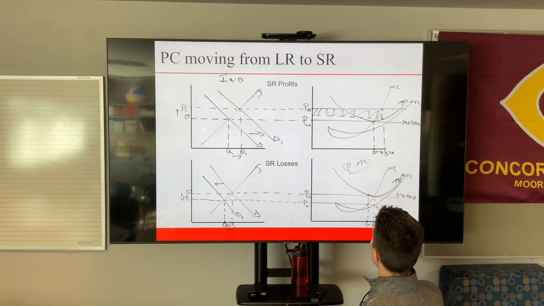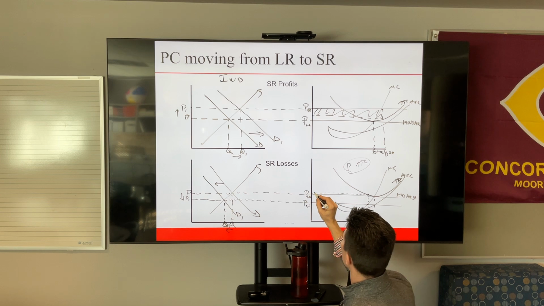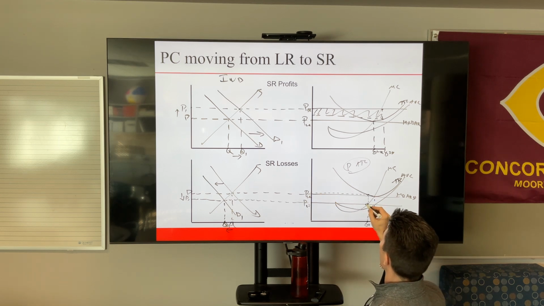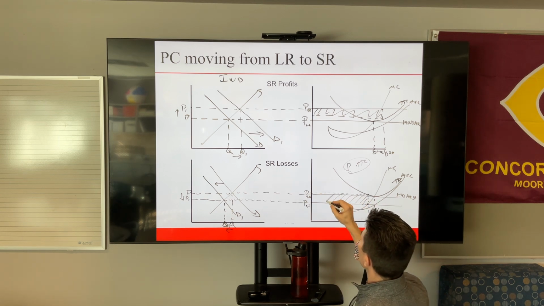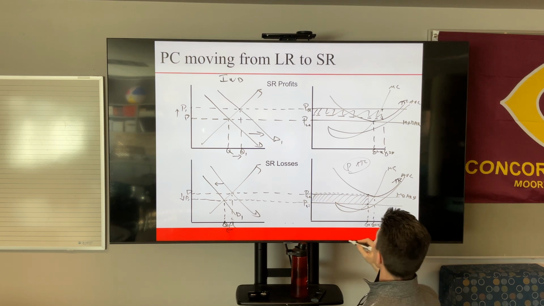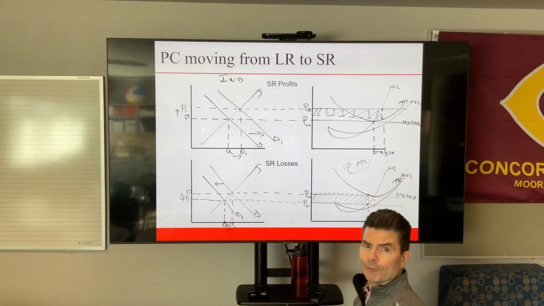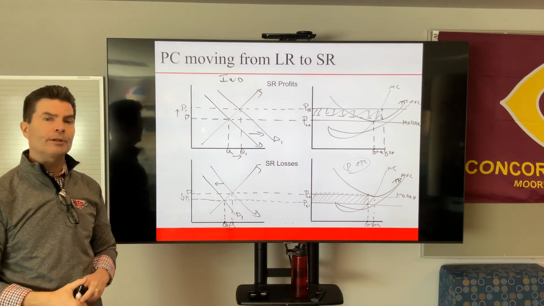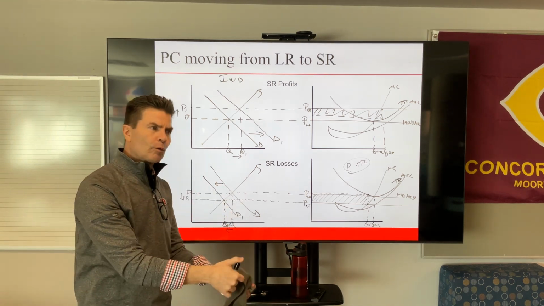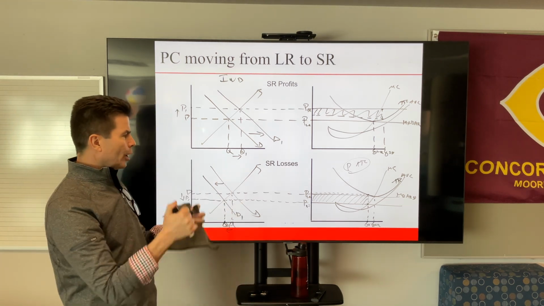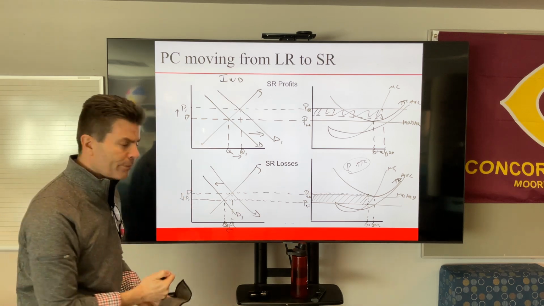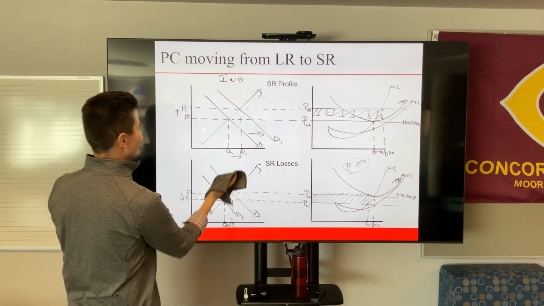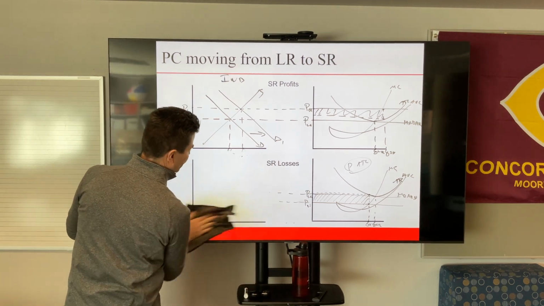So price, ATC, and now I have to go over to get to it, and now this whole area up to my dotted line, that's going to be where your profit is. So now we have successfully shown perfect competition in the long run, starting in the short run going to the long run, and starting in the long run going to the short run. That's really some key things for you to be able to look at.